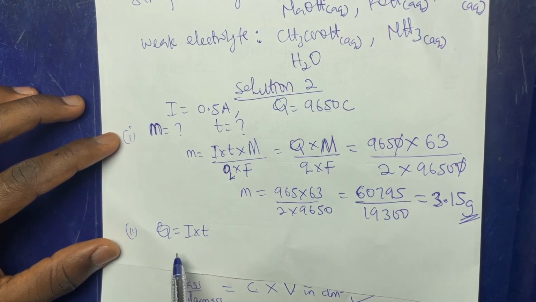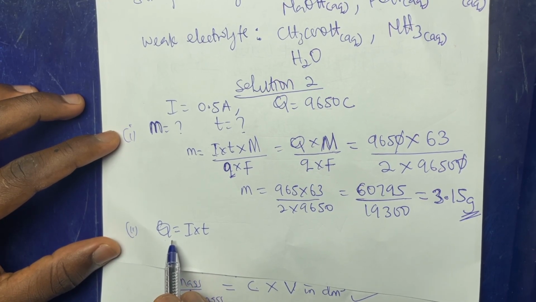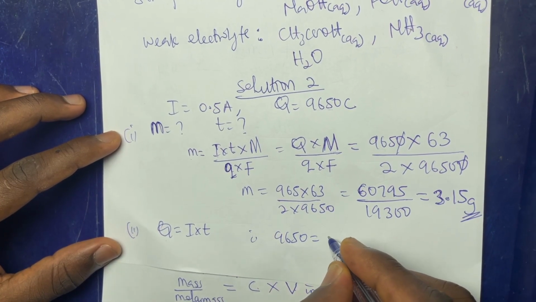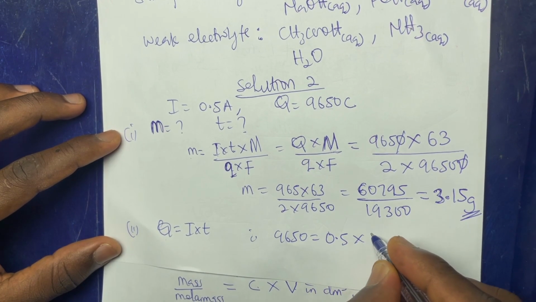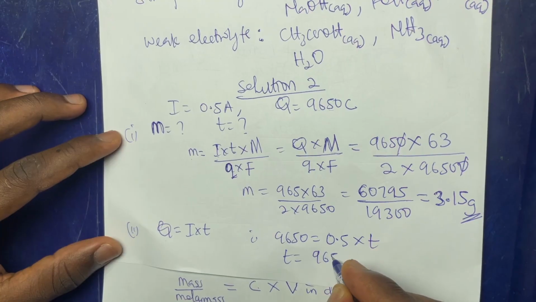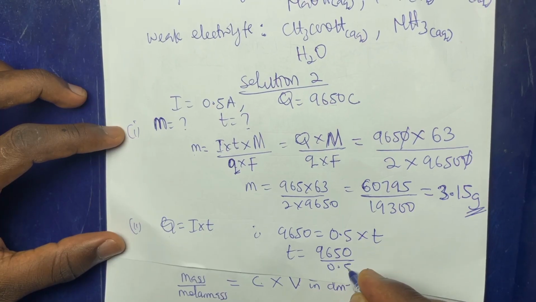I already know my Q should be 9650. So that would now be 9650 equals, my I is 0.5 times T. So by the time I divide, my T will be equal to 9650 all over 0.5.